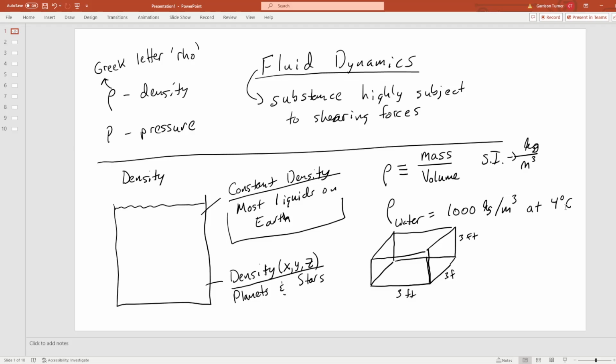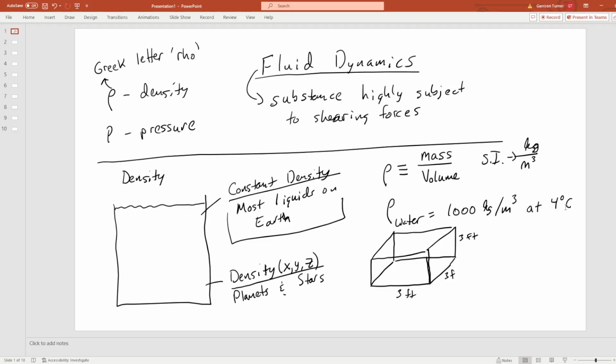But if you look at the densities for water at different temperatures, they don't change that much.